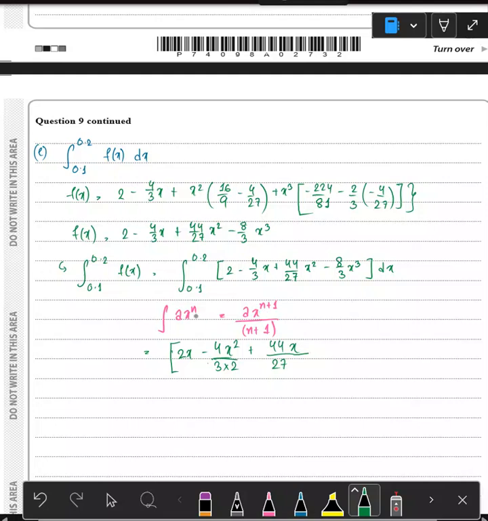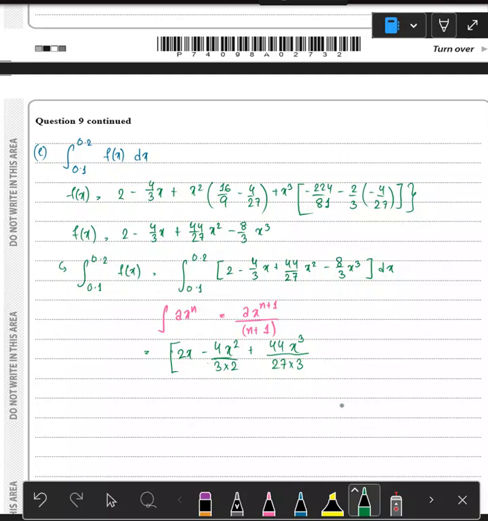X to the power n here is x squared. So n is just 2 here. So now we have to increase the n with plus 1, so it's 2 plus 1, which is 3, and I have to multiply 3 in the denominator with whatever there was in the denominator.